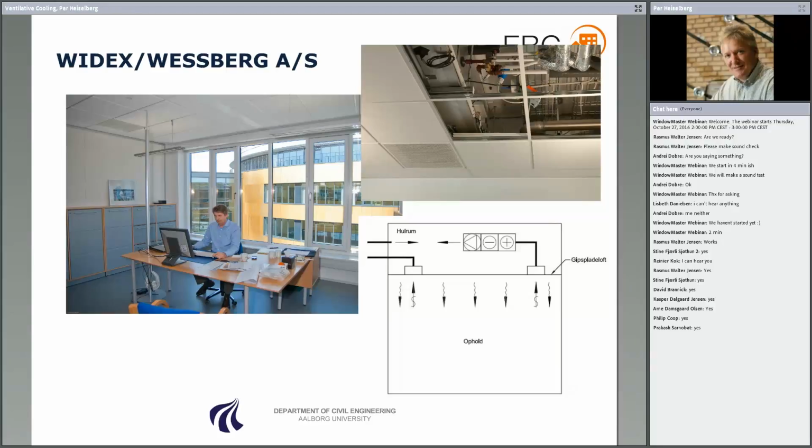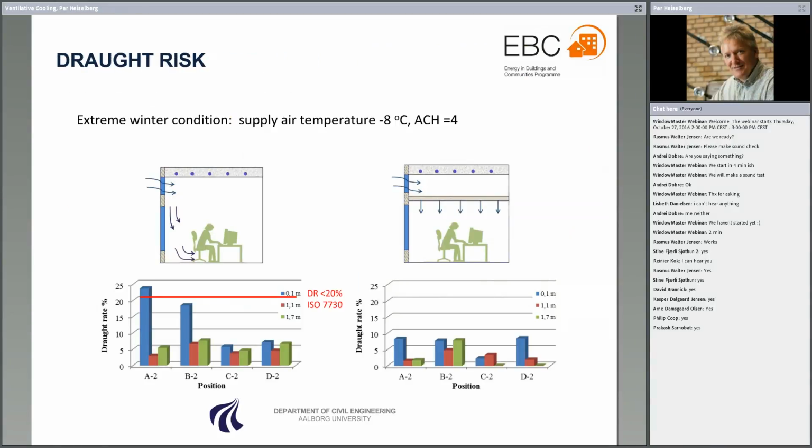The advantage of this system is that we can provide very cold outside air, so this means we can decrease the airflow rate needed to cool down the building to what is needed for indoor air quality, so we can reduce the energy use for the fan or for the transport of energy. And the advantage of using these diffuse ceiling panels is that we can provide air to the space very comfortably, even though we have a low temperature.